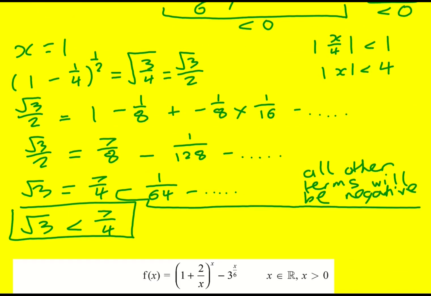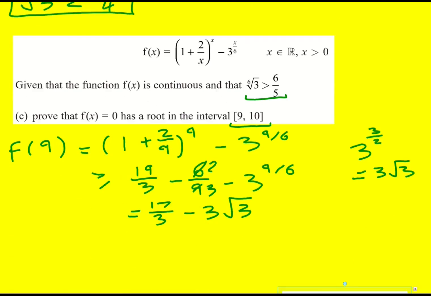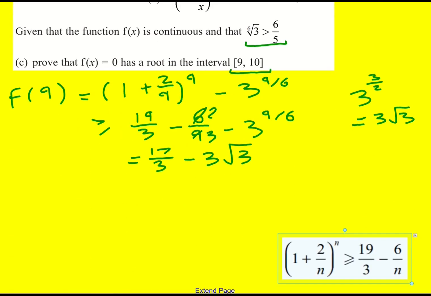Now recall that we showed that root 3 was less than 7 over 4. So if root 3 is less than 7 over 4, then this will be greater or equal to 17 over 3 minus 3 times 7 over 4, which is equal to 17 over 3 minus 21 over 4.